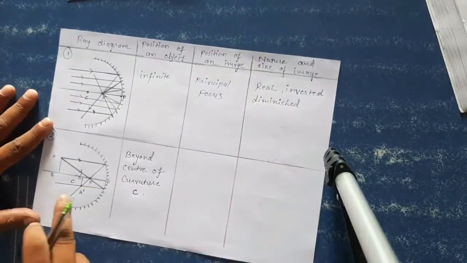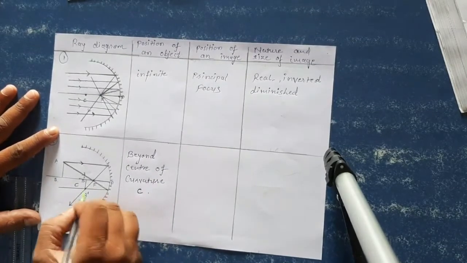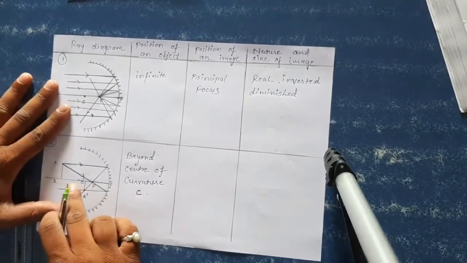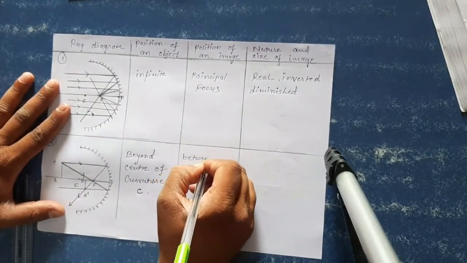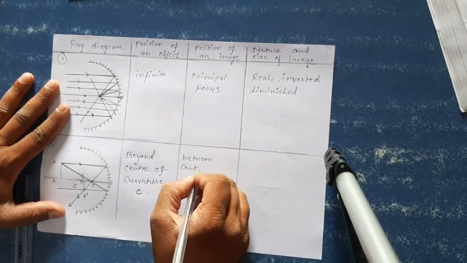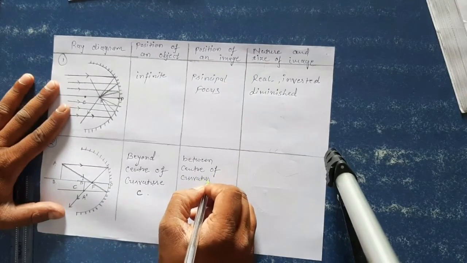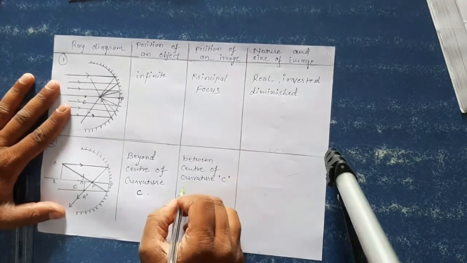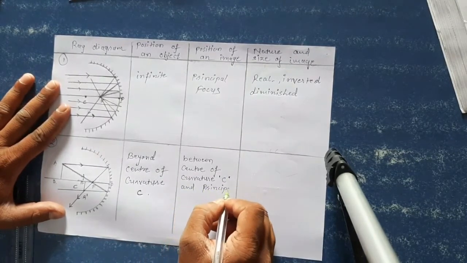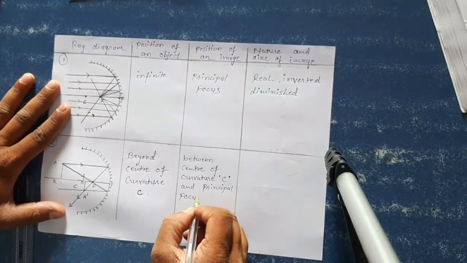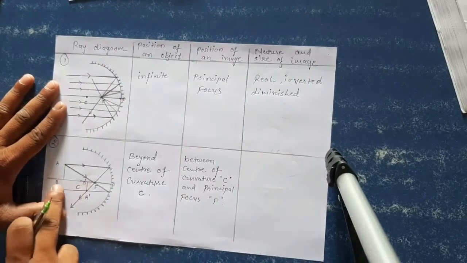Here we can see that our object was beyond center of curvature, but the image which is formed here due to the reflected rays is between C and F. So our image will be between center of curvature C and principal focus F.